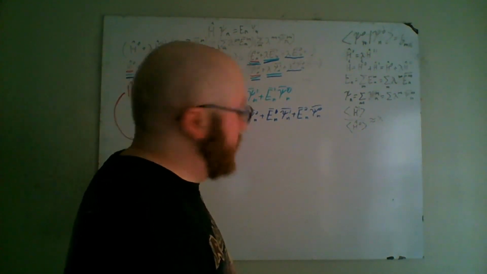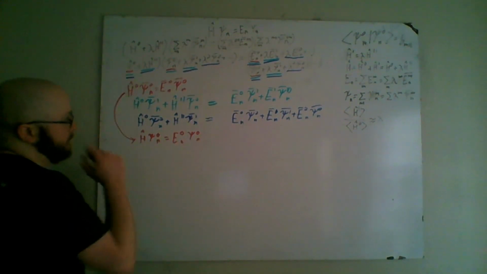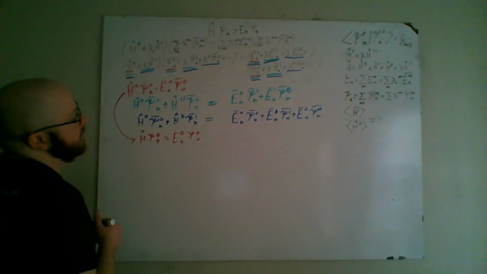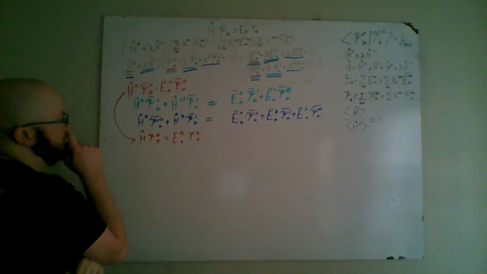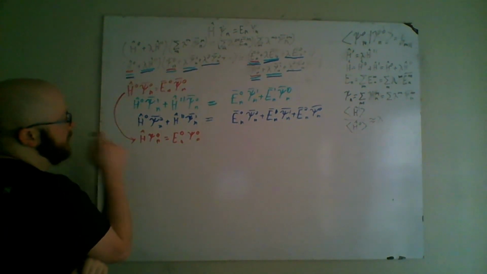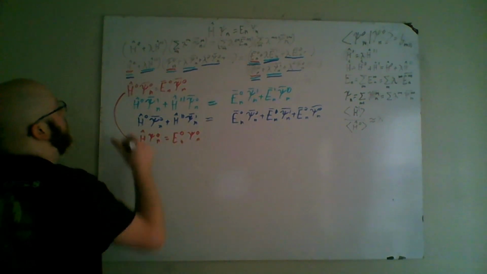Moving on, we go to the next one. Let me think about it. This has lambda to the -2 on it, so I'll actually leave it up for a second.